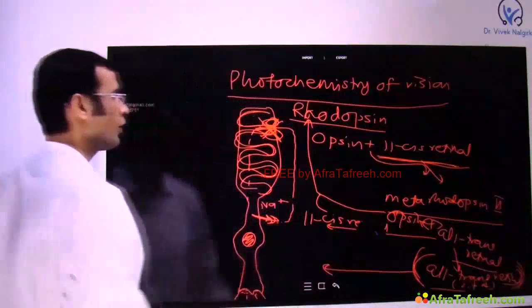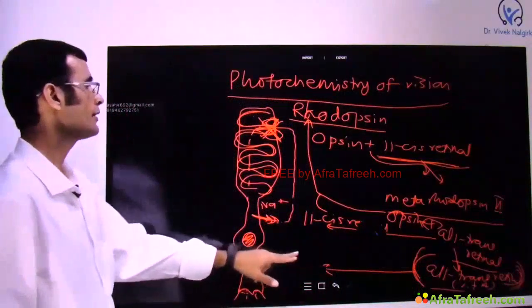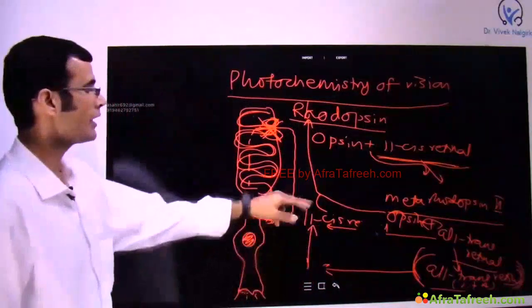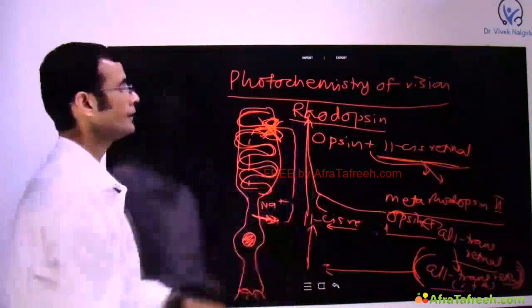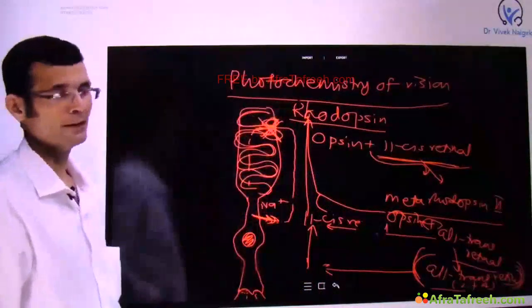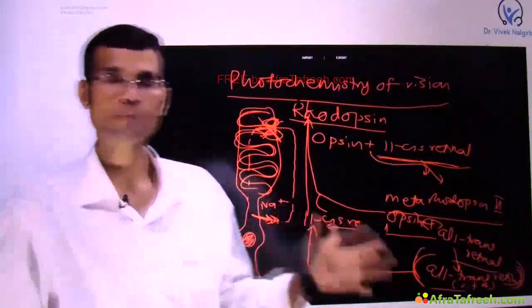All-trans-retinol to 11-cis-retinol. 11-cis-retinol will be converted to 11-cis-retinal, and then it will combine with opsin to form rhodopsin. So an extra pathway for resynthesis of rhodopsin.